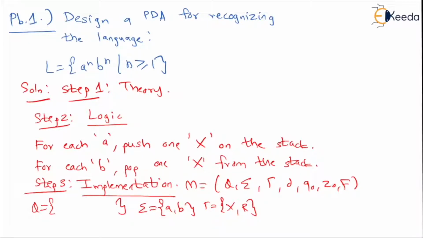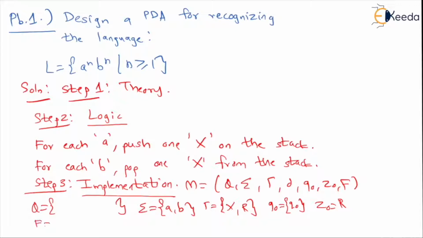So going ahead, next is my transition function, which we are going to draw below, followed by my q0, which is the start state, which in our case is going to be q0 only. Then we have z0, which is what is at the bottom of the stack. Bottom of the stack is r, so we write z0 is equal to r.